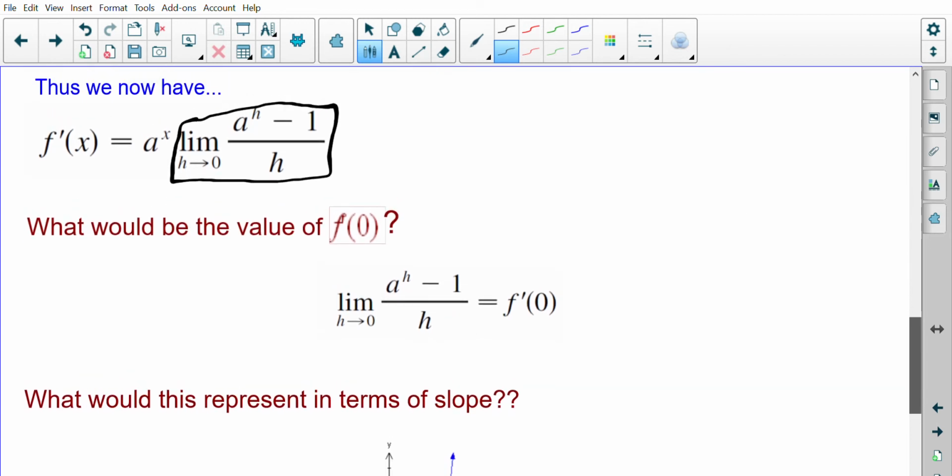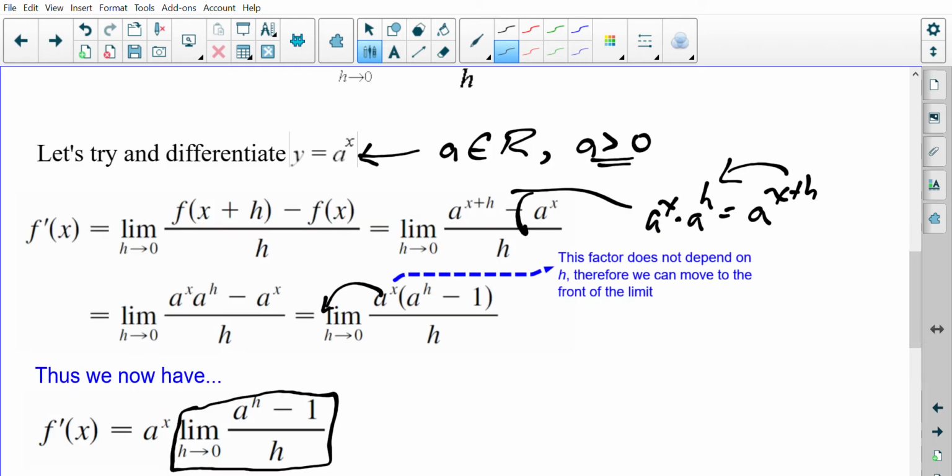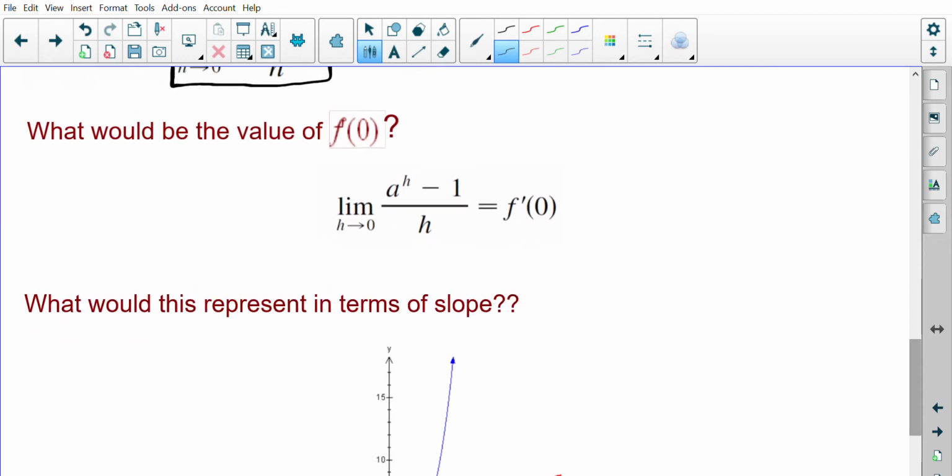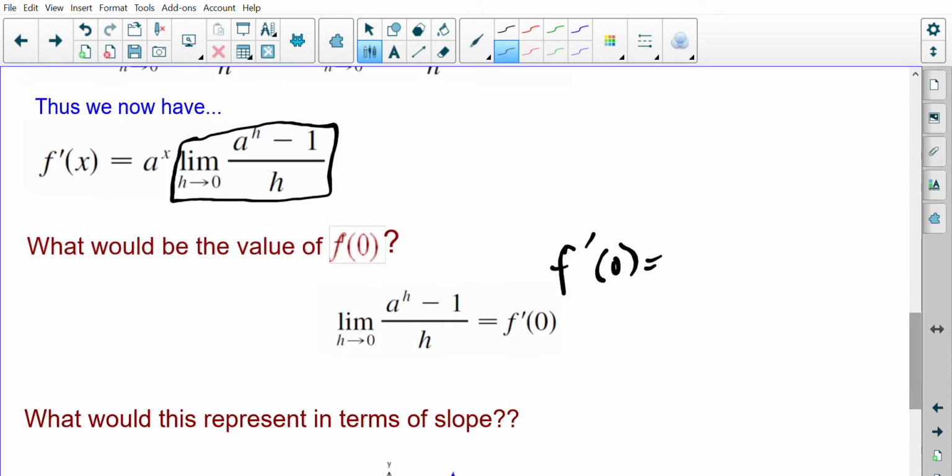So right now, if we were to find f prime at 0, sorry, it moved on me. So f prime at 0 would mean fill in 0 for x. And if you notice up above here, it's a to the 0 multiplied by the limit as h goes to 0 of a to the h minus 1 over h.